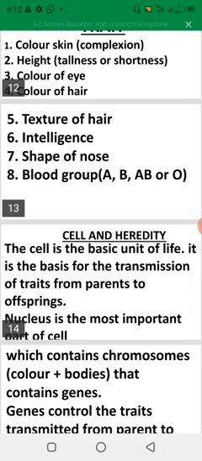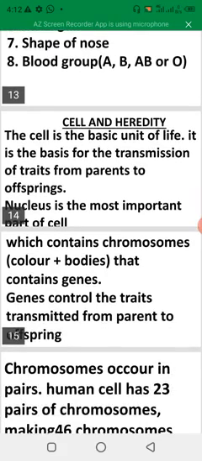The blood groups are A, B, AB, and O. At this point, I want us to know that blood group is different from genotype. For genotype we have AA, AS, and SS. But for blood group we have A, B, AB, and O. Now move on.